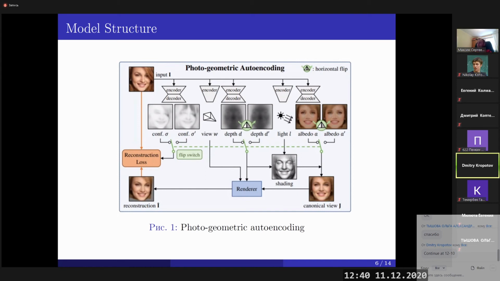Fully unsupervised. Yes. And now once again, how do they actually estimate these depths, for example, without knowing about the true depths? Well, the surprising fact is that the model can learn all the things just by being given an algorithm to recover the original image from the depth, albedo, light, and viewpoint.